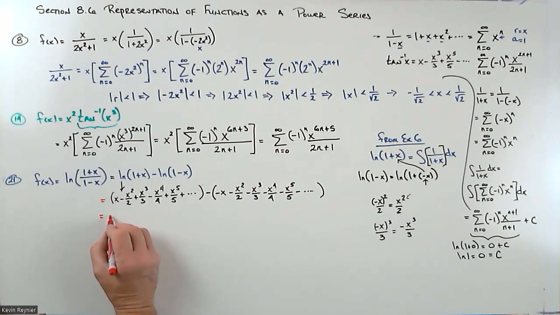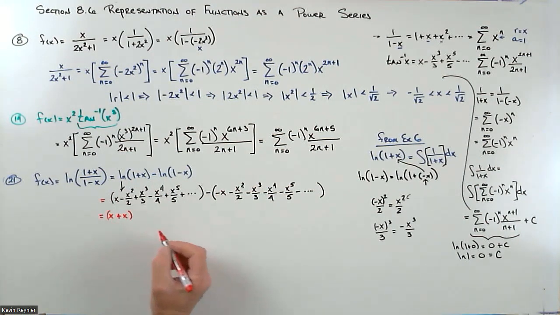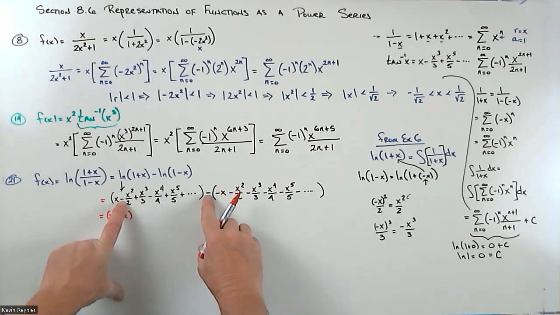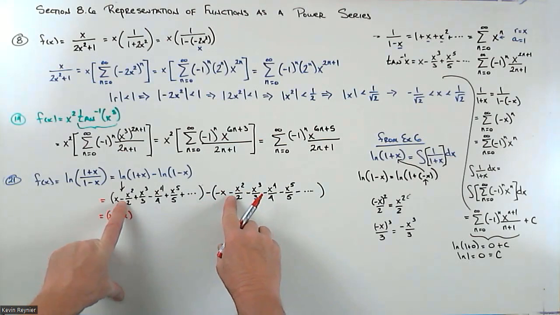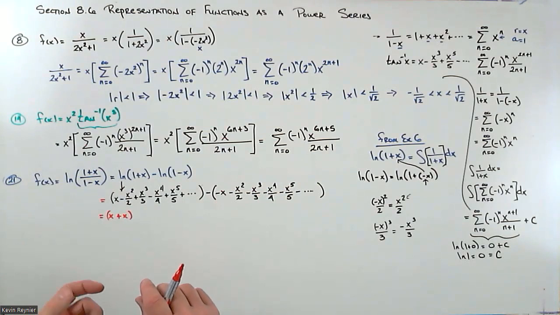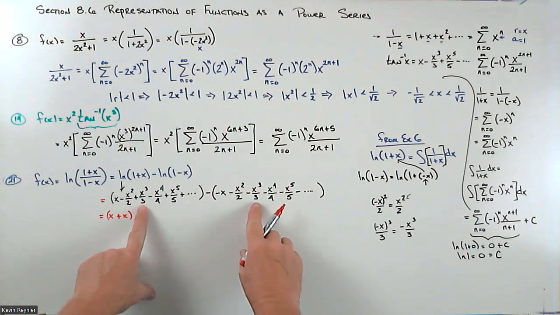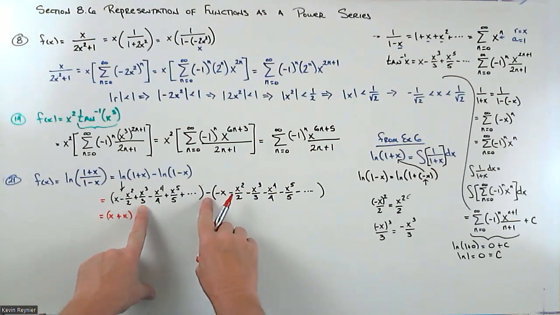That's minus x. So I have x plus x down there. Here I have minus x squared. Here I have minus a minus x squared. That's a plus x squared over 2. So those cancel, right? They're gone. Here we have an x cubed over 3. Here I have a negative x cubed over 3, but another minus.